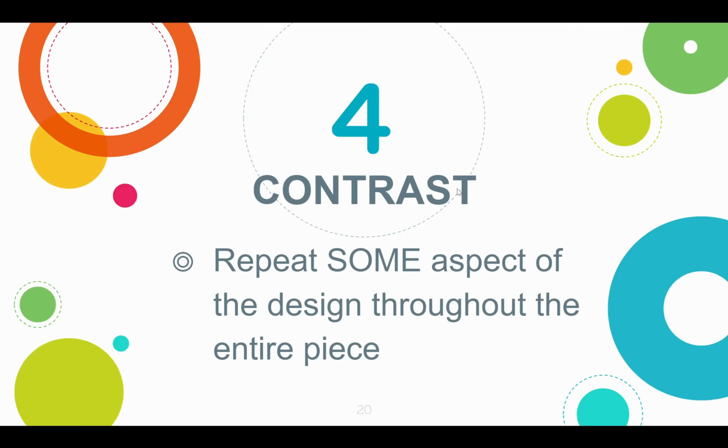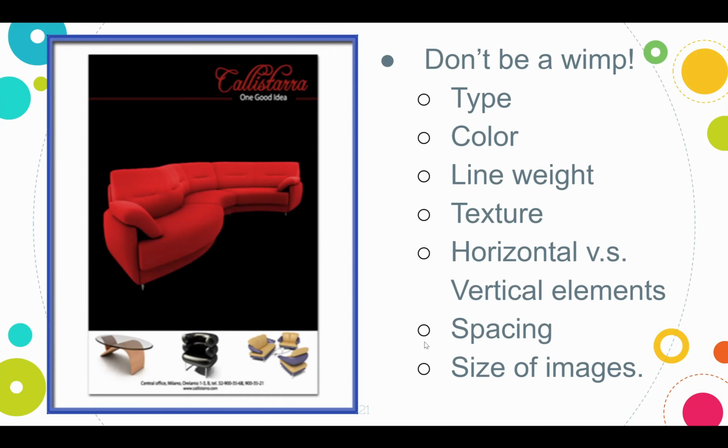On to contrast. Repeat some aspect of the design throughout the entire piece, possibly through contrast. So look at this fun ad. We've got different pieces of furniture. They're kind of repeating: furniture, furniture, furniture, furniture. But let's look at some contrast. This is a large rectangular shape sitting on top of a small, bright white rectangular shape.